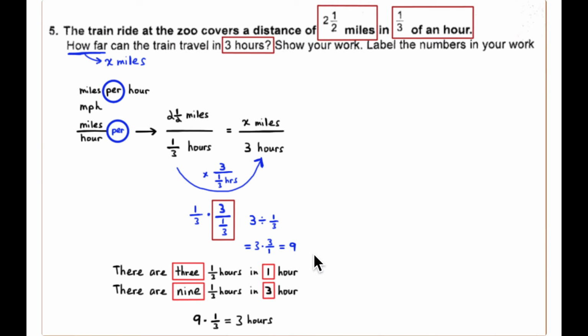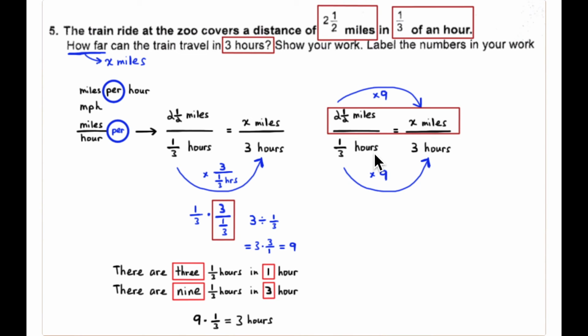You have 3 hours, 1/3 of an hour for each hour. 3 divided by 1/3 is 9 1/3 hours. So it's going to be 9 times as much time. So 1/3 hours times 9 times as much time is equal to 3 hours. So you're going to travel 9 times as far.